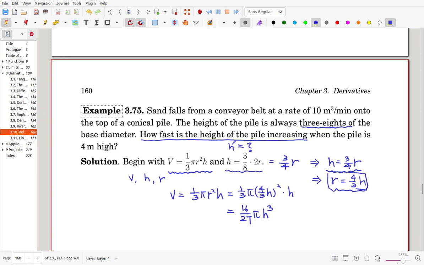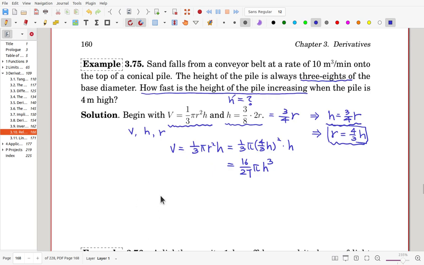Now that is the relation, and from this one we get the related rates by differentiating the equation with respect to time. V prime equals 16 over 9, since 3 will come out, times pi h squared h prime.